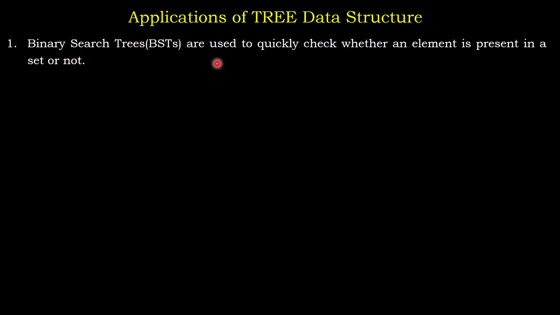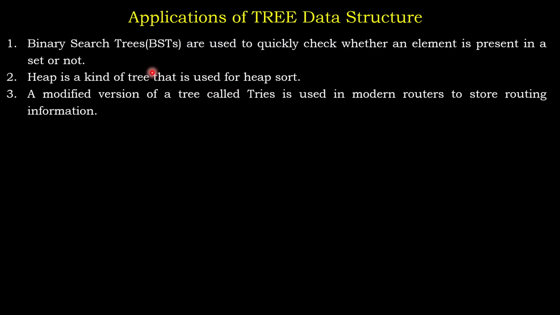So binary search trees are used for quick searching. We will talk about binary search trees separately in another video in detail. We will go through all the different operations of binary search trees, even heaps, and the different types of trees.